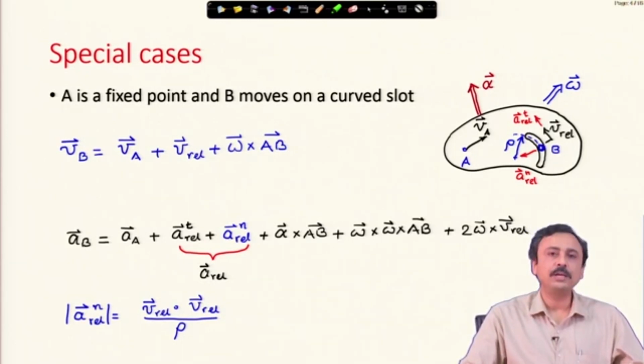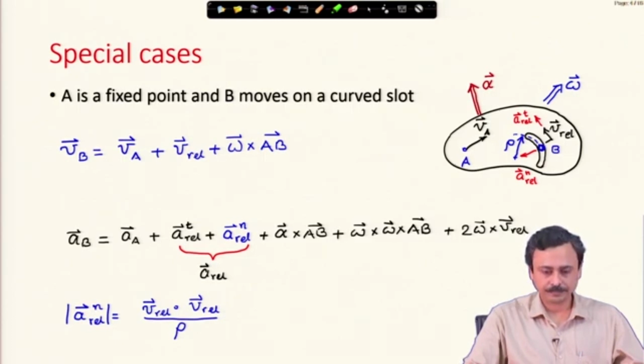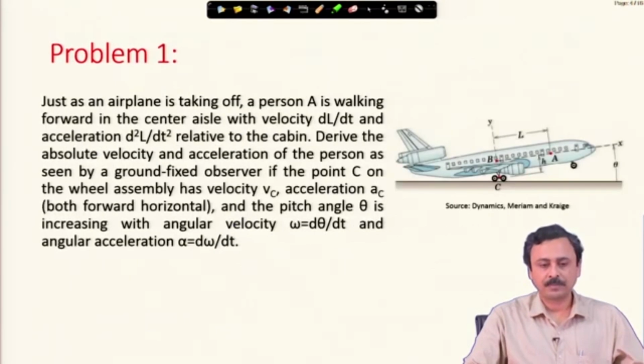So, VREL dot VREL by rho, if you want to write in vector notation. That is the magnitude, and the direction will be in the direction of the center of curvature of the path. So, this is the expression.